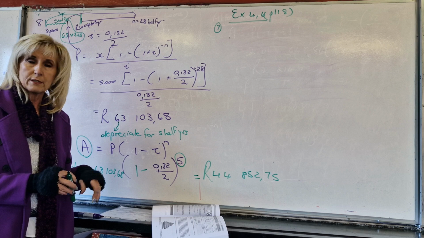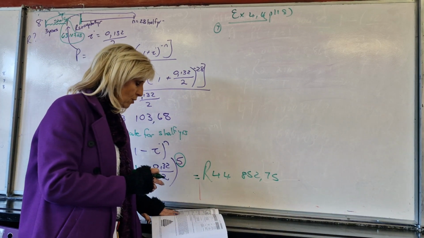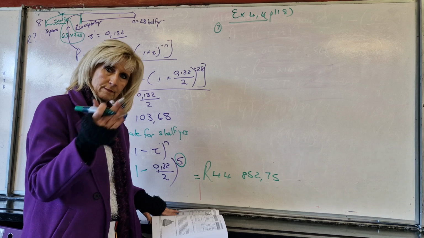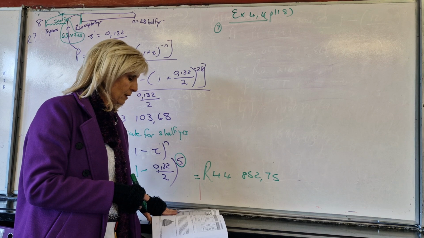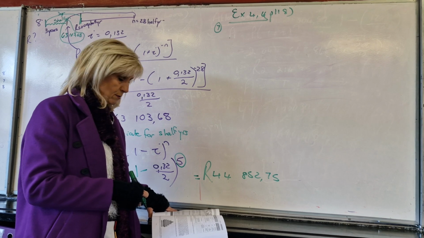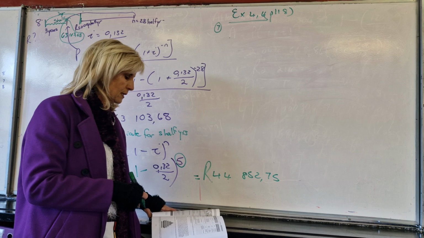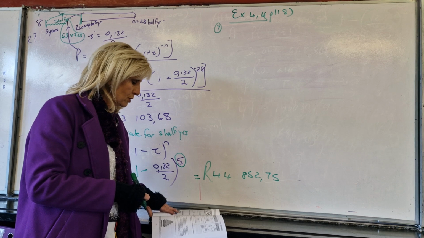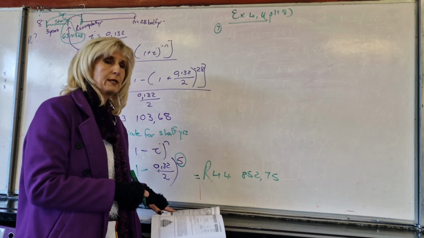Same thing's going to happen here. So they're asking how long would it take to repay a loan, so that's a P sum, of 850,000 if the first monthly payment of 20,000 is made 3 months after the loan is granted and the interest charged on the loan is 17% per annum compounded monthly.